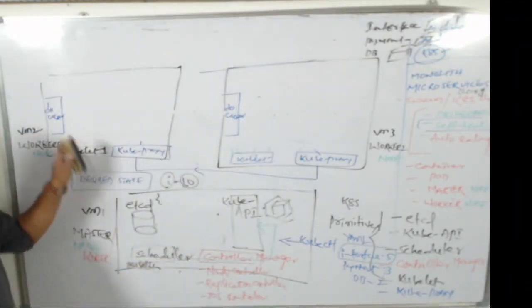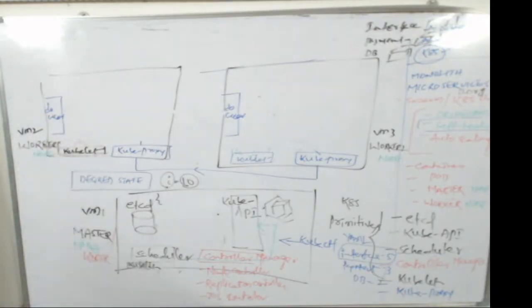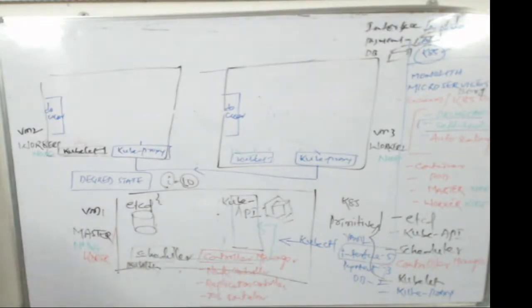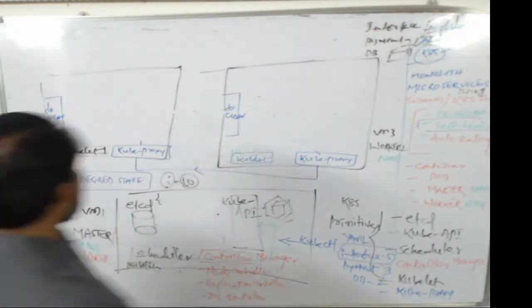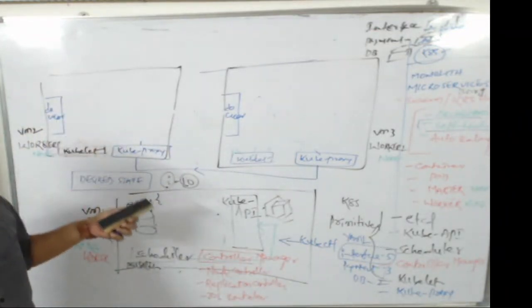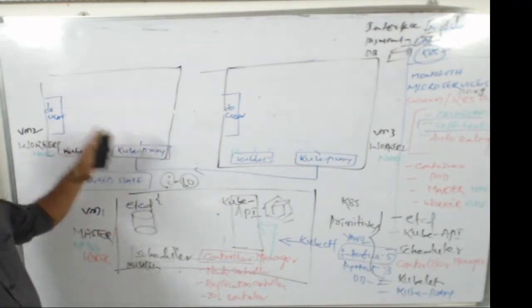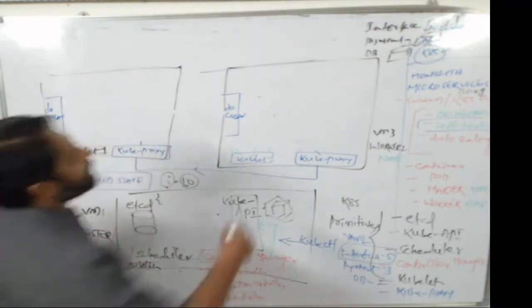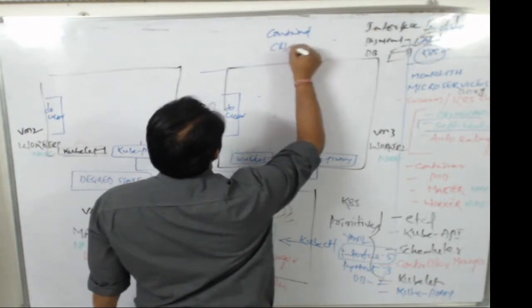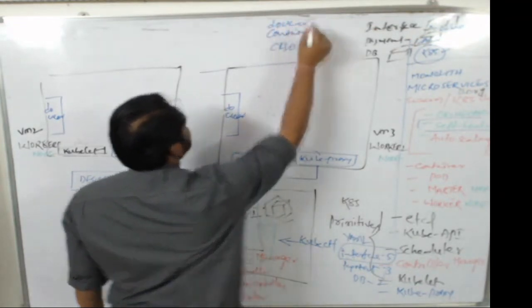So kubelet contacts the container runtime interface, in this case Docker, and it's Docker who launches the container here. Now, we know Docker is just a company which handles the container technology. There are other container technologies also: containerd, CRI-O. The most popular one was Docker.